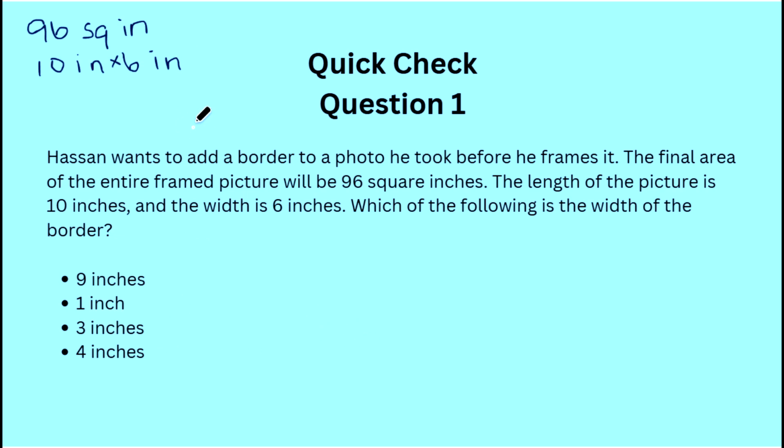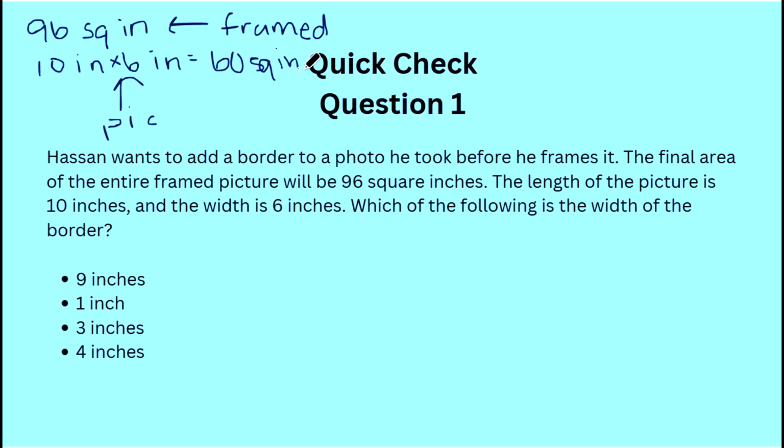Okay, so what you need to do is first you need to figure out, this is the final product. This is framed, okay? This is how much it's going to be at the end, okay? This is just the photo, okay? This is just the picture. So 10 times 6 is going to be 60 square inches.